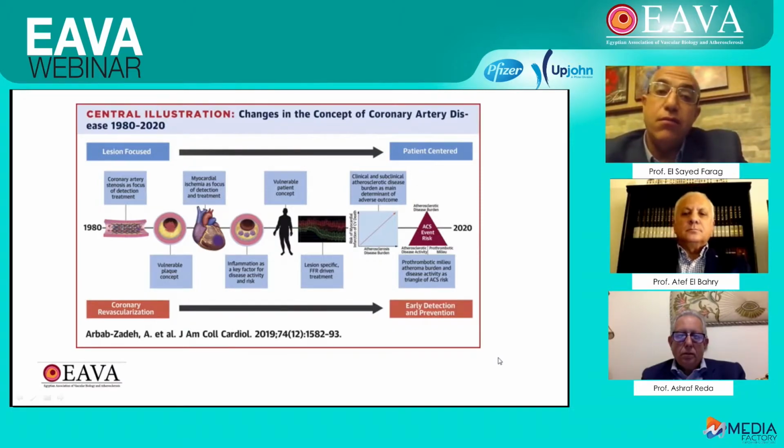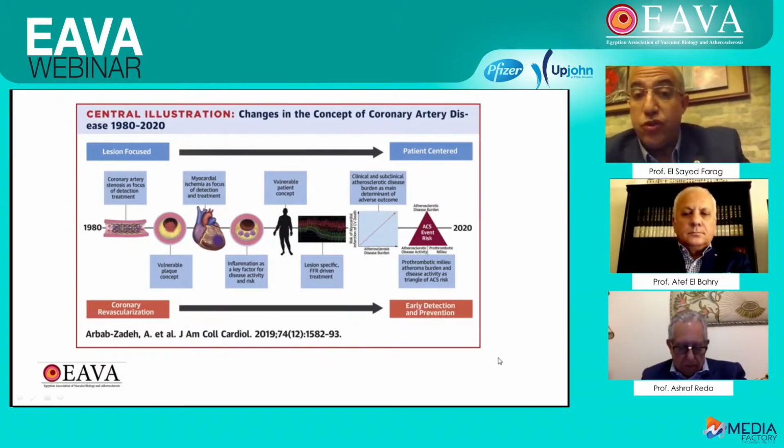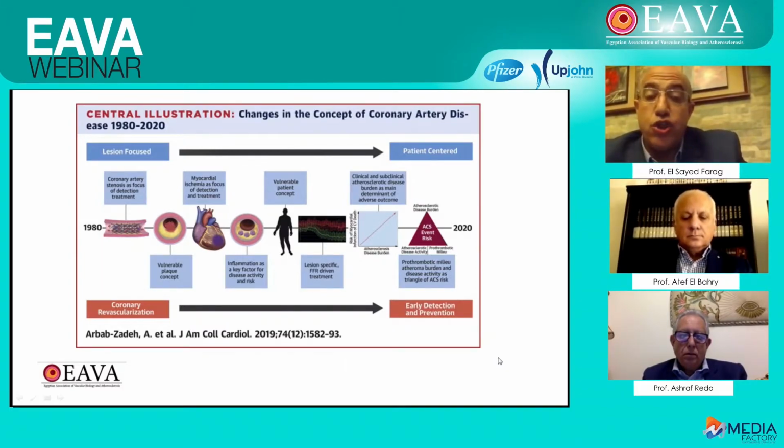It started in 1980 with coronary artery stenosis as a focus of detection and treatment, using PTCA, then stents for dilating the coronary stenosis. Then an important station came, the vulnerable plaque assessment, to know when this vulnerable plaque will rupture, and to give the proper management strategy to prevent rupture and cardiovascular events.